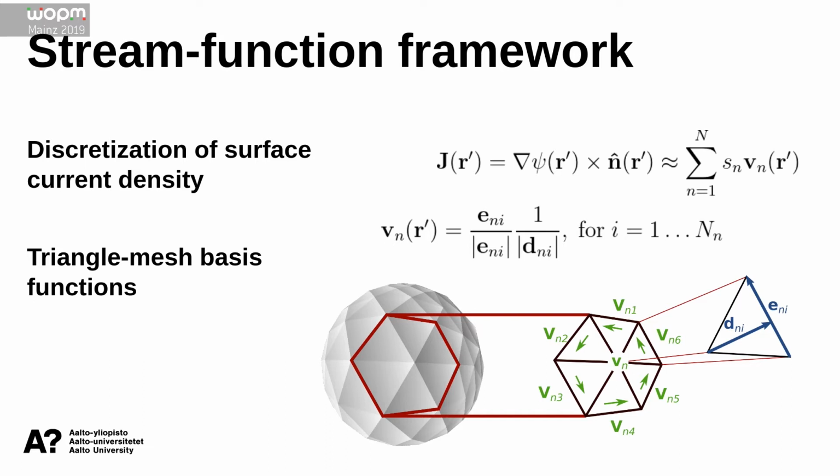So when we discretize a continuous surface into a triangle mesh, we approximate the surface current density with this scalar constant, and then a set of basis functions, which for each element in the mesh will have a corresponding basis function for all the neighbors for that element.